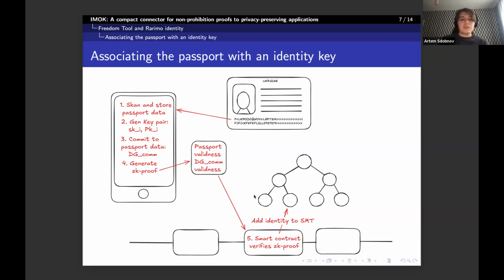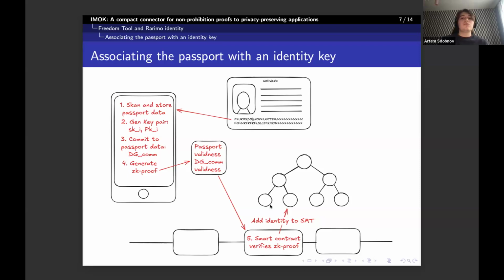And also you should validate that your data group commitment was created rightly. Then you send this zero knowledge proof to the smart contract, and it verifies it and adds your identity to a new sparse Merkle tree. We will call it the identity tree.